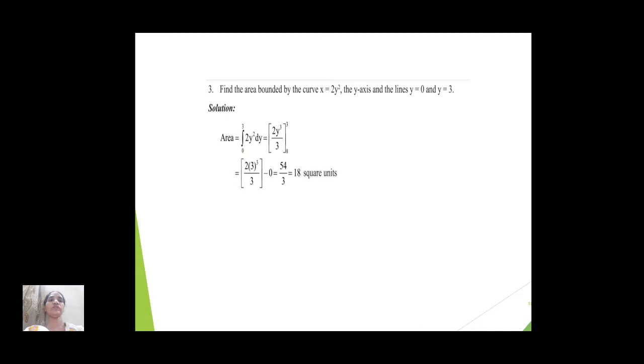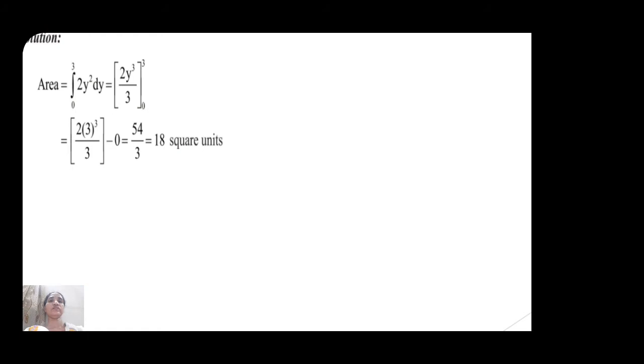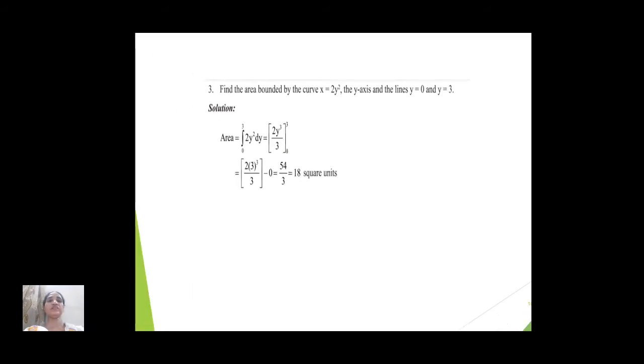So 2 into y cube by 3, limits 0 to 3. So 2 into 3 cube by 3 minus 0, that equals 2 into 27 by 3, that means 54 by 3, that equals 18 square units.